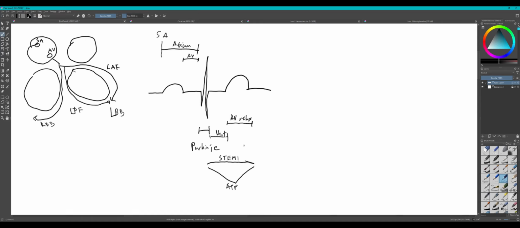Because you don't have ATP, you can't relax properly, and then eventually the ST portion gets all jacked up. And when you look at an ultrasound, the region that has a STEMI is the part that doesn't move. Usually the ventricle will contract, and let's say you have a STEMI up here, it'll contract like this.